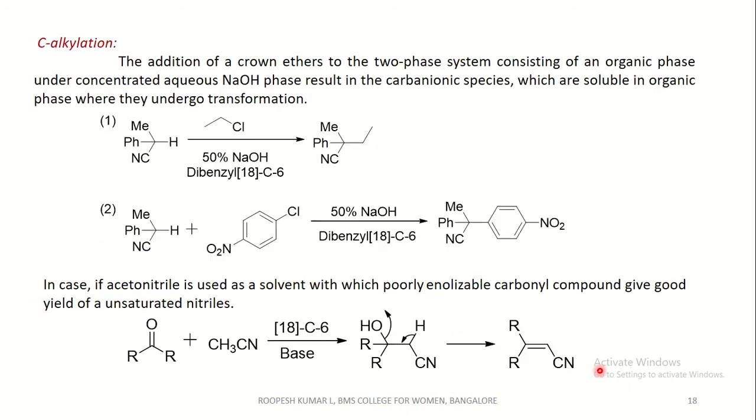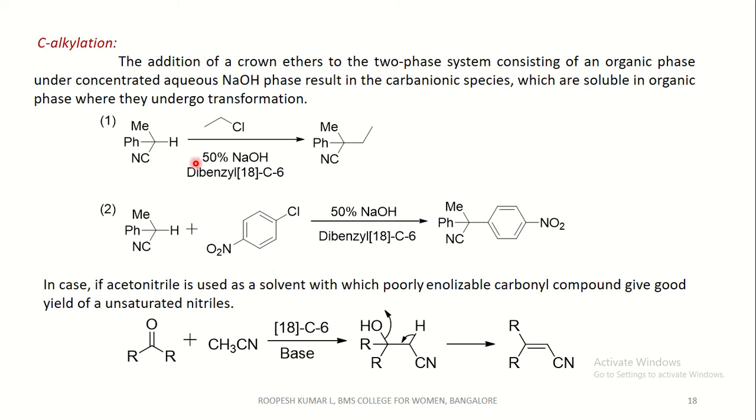yields. C-alkylation, that is alkylation at the carbon. The addition of crown ethers to the two-phase system, that is liquid-liquid, consisting of an organic phase and a concentrated aqueous NaOH phase, results in carbanionic species which are soluble in the organic phase where they undergo transformation.